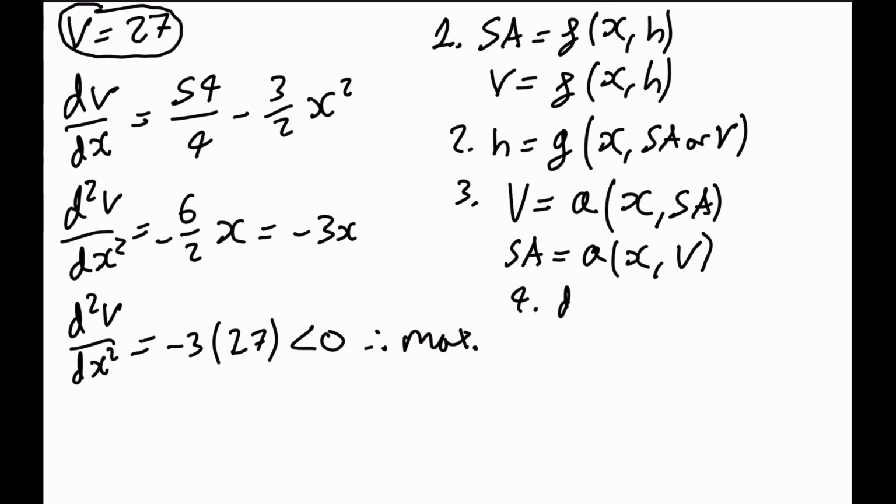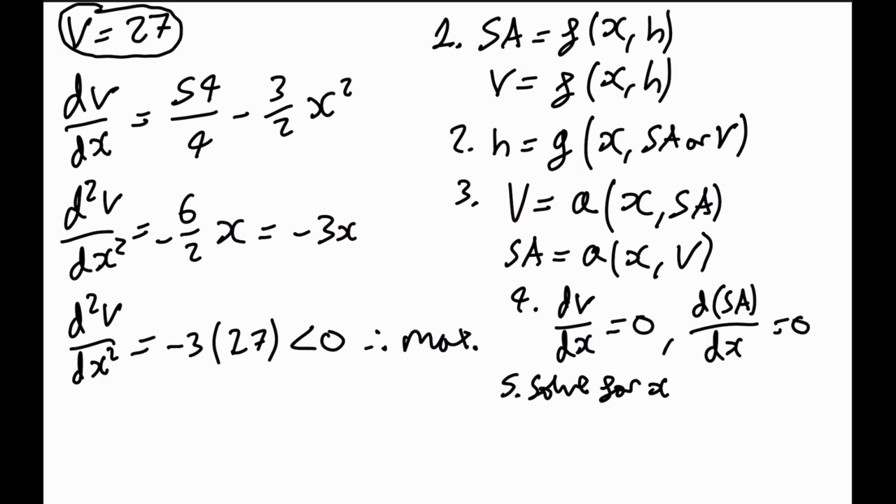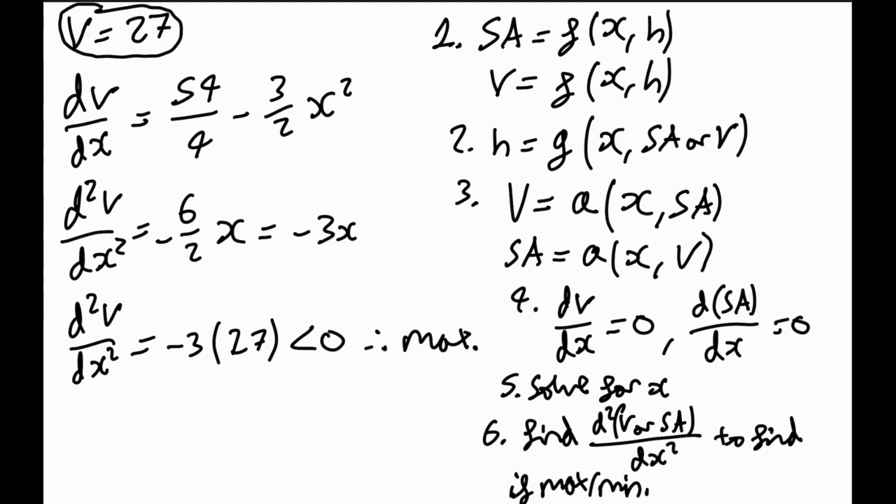So you would do either dv over dx is equal to 0, or d of your surface area over dx equal to 0. Step 5 is to solve for x. And then step 6 is to find the second derivative to find the nature of the stationary point. And these are all the steps for optimization problems.